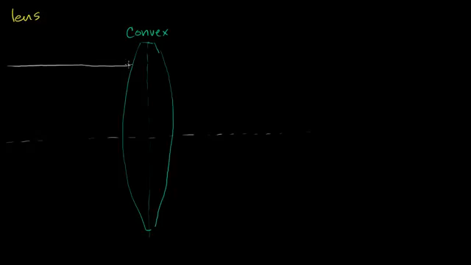But if you imagine light that's going parallel to that, right when it hits this surface over here, remember the perpendicular at this point is going to look like this because the lens is actually curved. And remember, it's moving faster on the outside. So the top side of the light, if you imagine the car analogy, is going to be able to stay out of the lens a little bit longer than the bottom wheels.